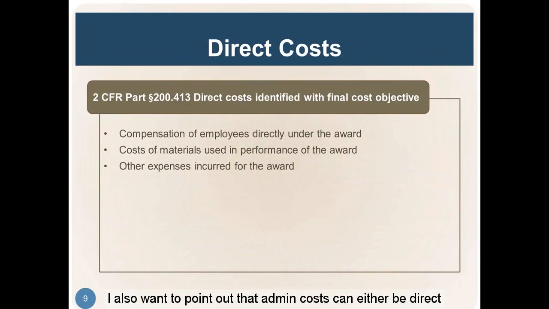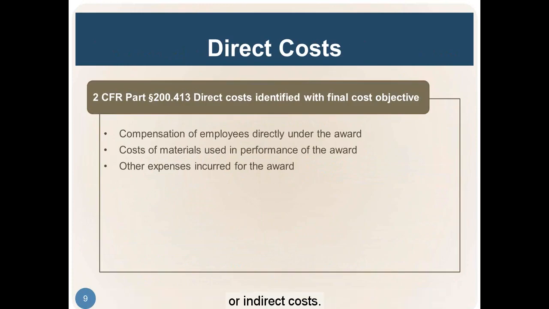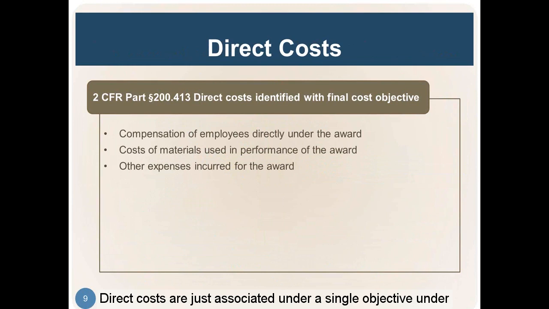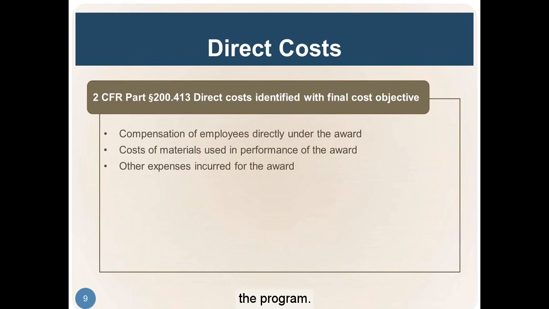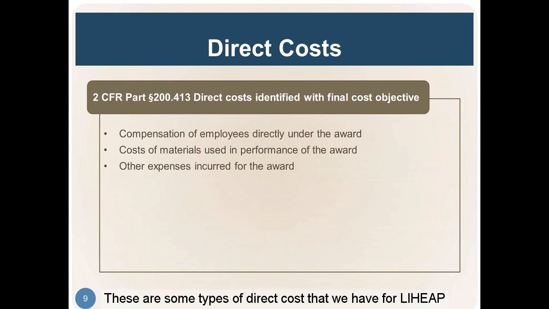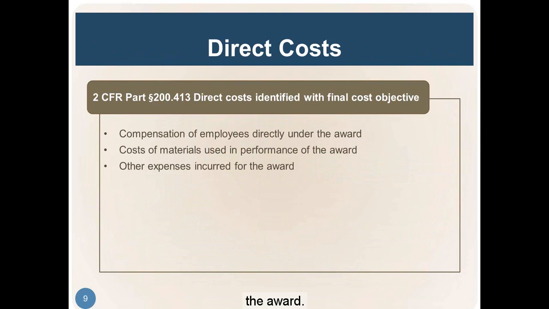We also want to point out that admin costs can be either direct or indirect costs. Looking here, you have direct costs. Pretty much a direct cost is associated with a single objective under the program. These are some types of direct costs for LIHEAP, including compensation or just expenses incurred directly from the award.